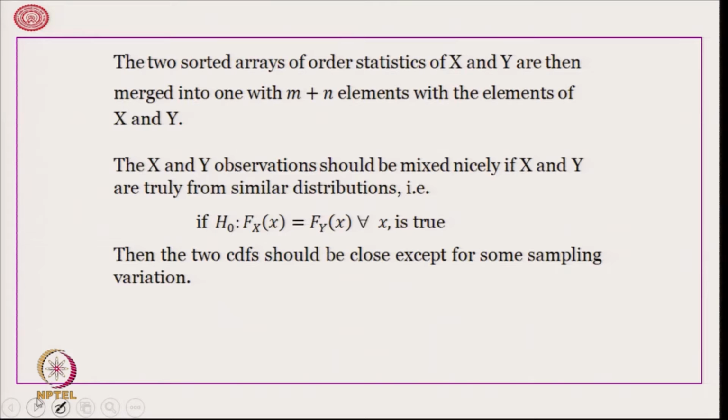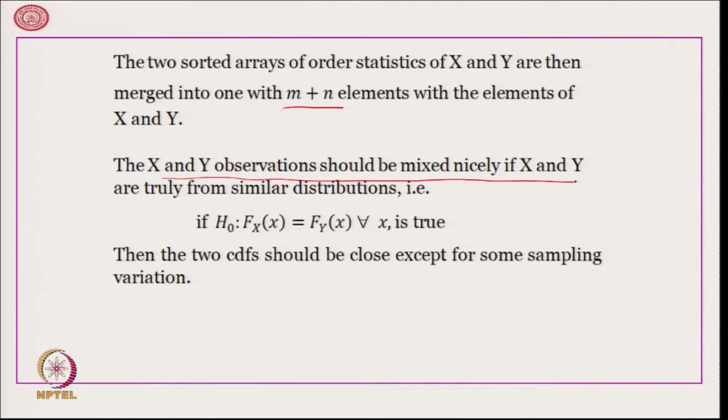So, it goes as follows: the 2 sorted arrays of order statistics of x and y are merged into one with m plus n elements, combining x and y elements. If they are coming from the same distribution, then the x and y observations should be mixed nicely.